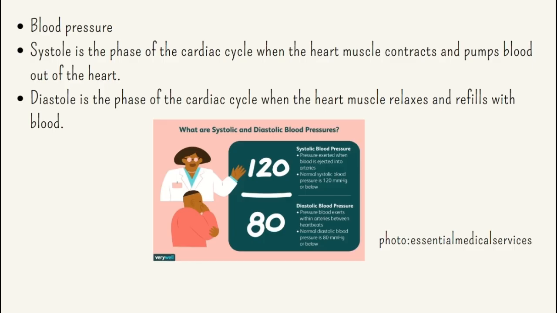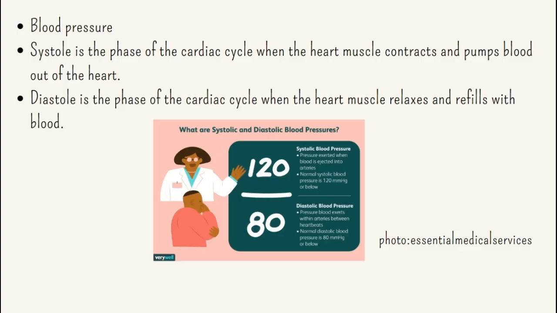Alright, so now with blood pressure, basically we're going to be talking about how they measure blood pressure. You have the systole value and you have the diastole value. The systole is the phase of the cardiac cycle when the heart contracts and pumps blood out of the heart.